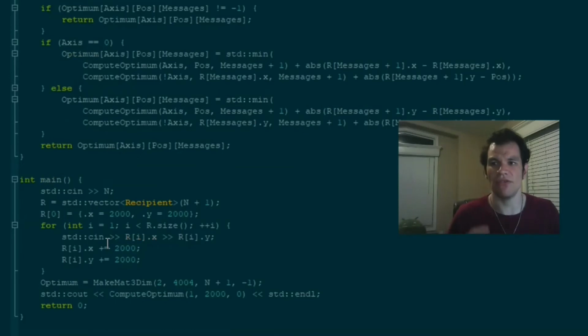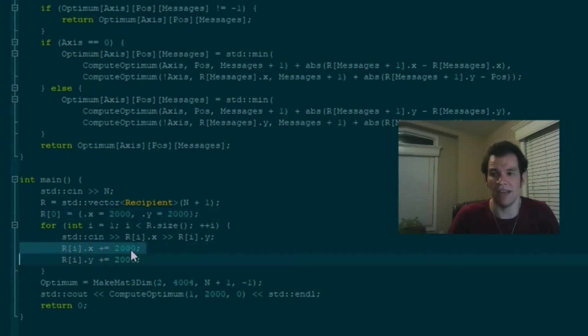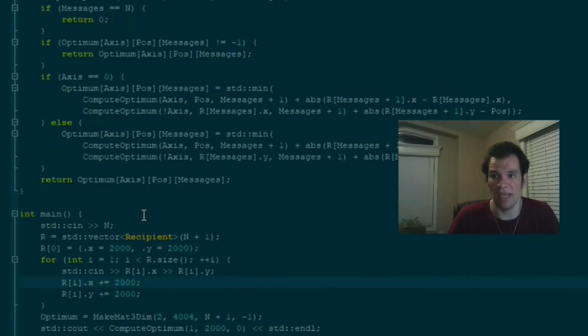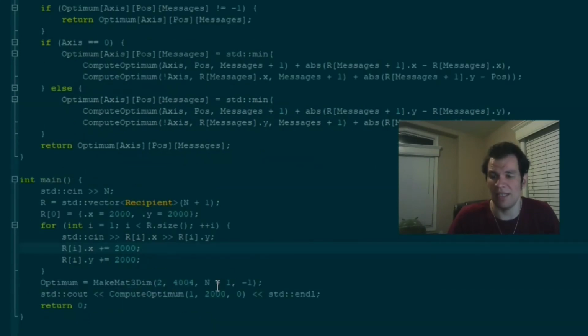This is the code for solving the problem. I think it's very straightforward. Maybe the only detail that may seem odd is that I added 2000 to each coordinate, and that's because the problem also considers negative numbers, so I'm adding 2000 to make all of them positive. And also I'm moving the origin to 2000 and 2000.